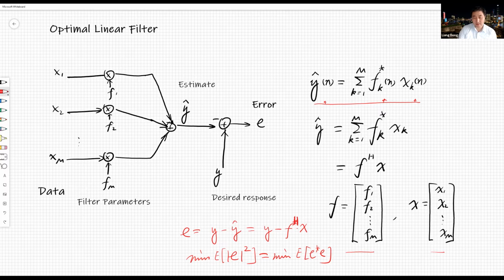We want to minimize that with respect to the variables f's. This is called the minimum mean square error optimizer, or the linear filter. And that can work very well to find the best equalizer, to find the best inverse system.